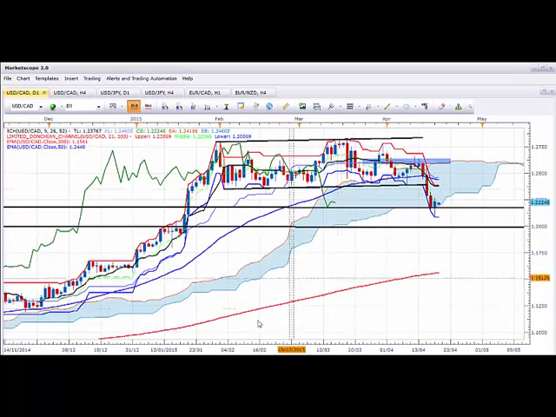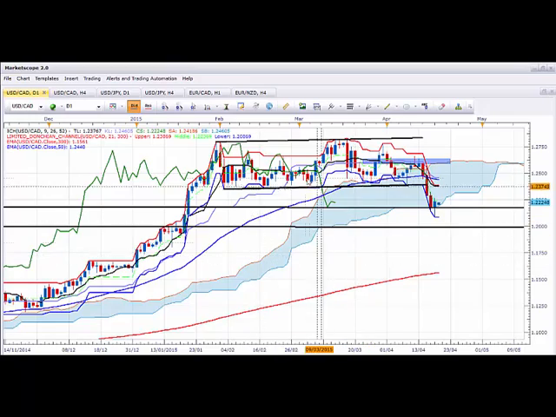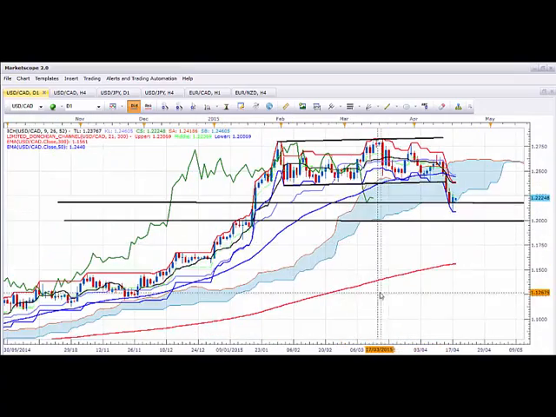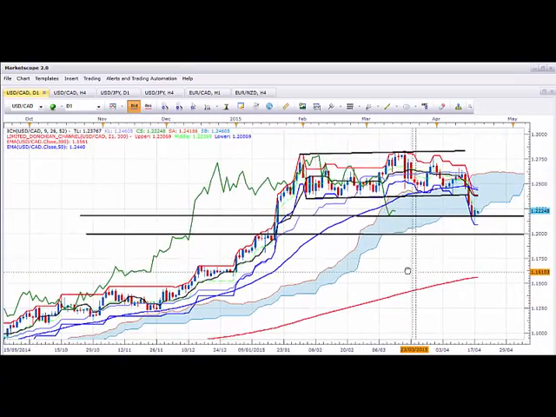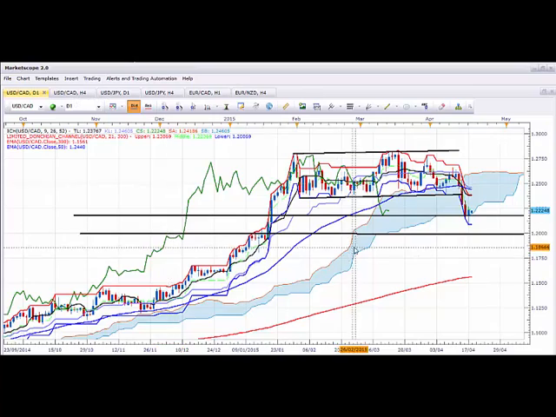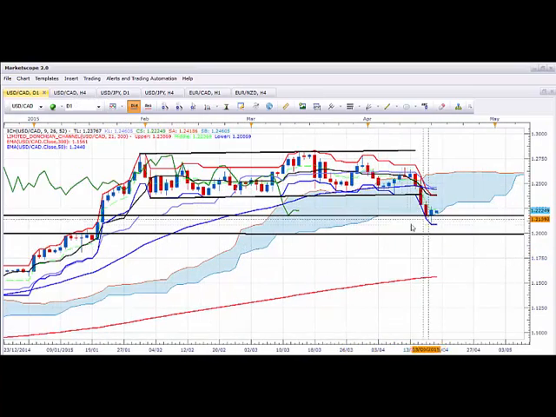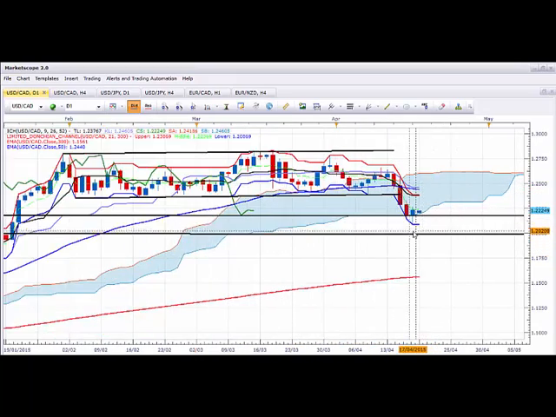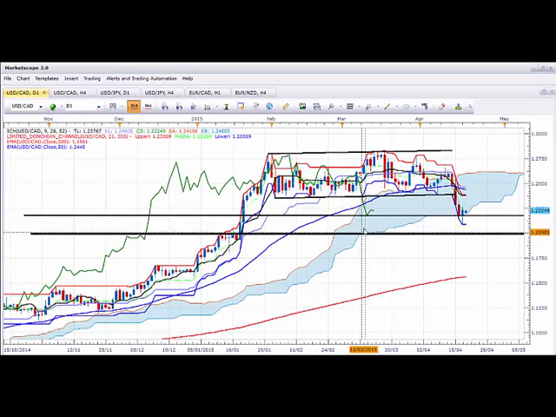This is my chart. I'm using Ichimoku, which is a Japanese trading system. Okay, let's see. We can see that there is a support that is being tested.